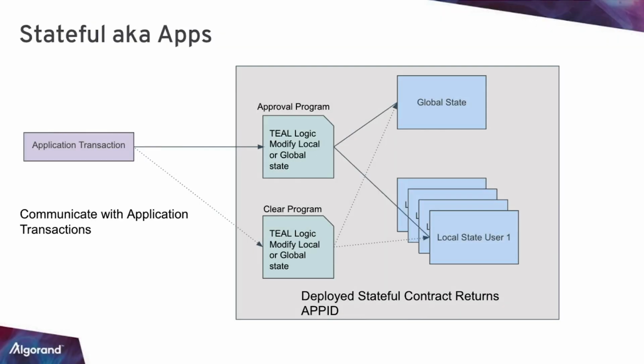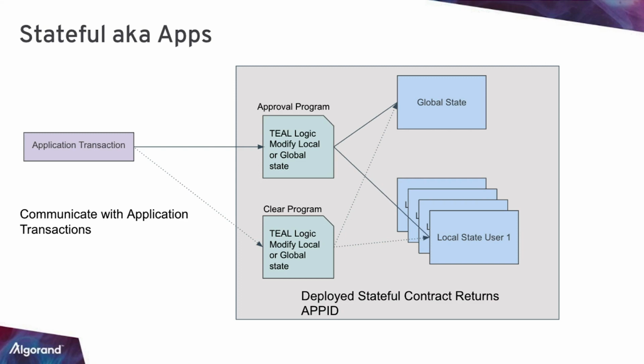So looking at this next slide here, we'll talk a little bit about stateful contracts. We also know these as apps on Algorand. Everybody's probably familiar already with assets on this call, but when you create an asset, you get an asset ID back. Well, when you deploy a stateful smart contract, you get an app ID back.